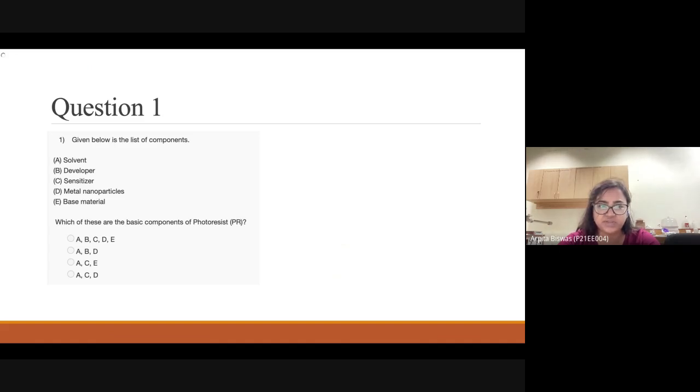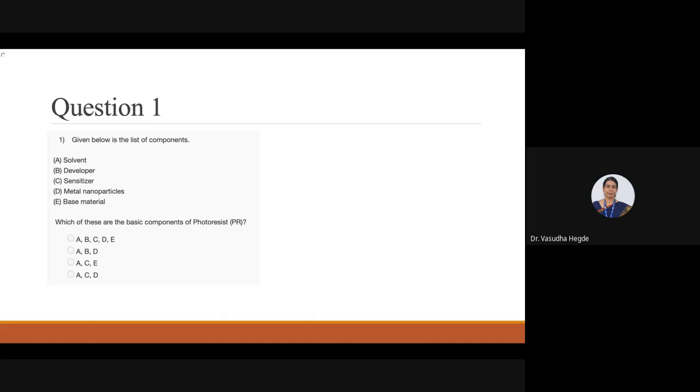Can you please explain about the developer? What do you understand by the word developer? Developer happens to be a chemical which is used to take out the PR.